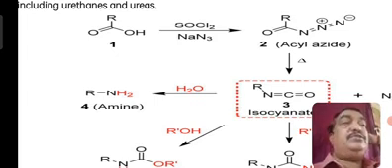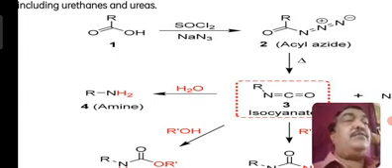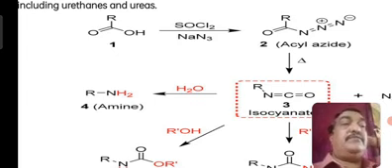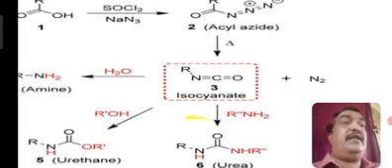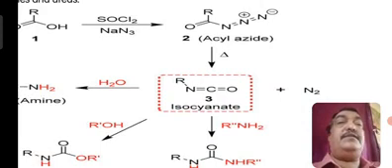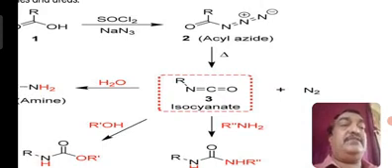The 3 nitrogens are attached to the carbonyl carbon in a sequence, and this is called acyl azide. When the carboxylic acid is treated with thionyl chloride and sodium azide, there is formation of acyl azide.